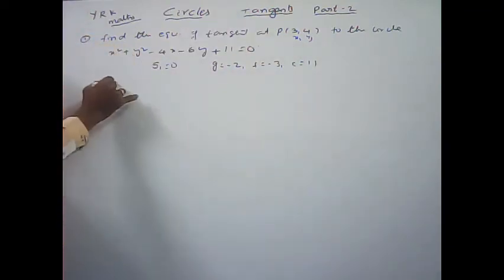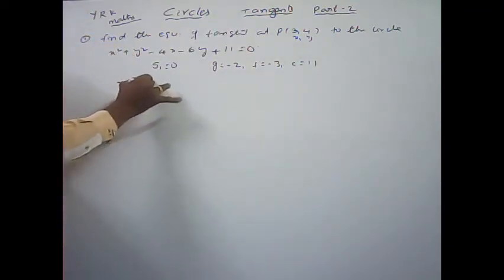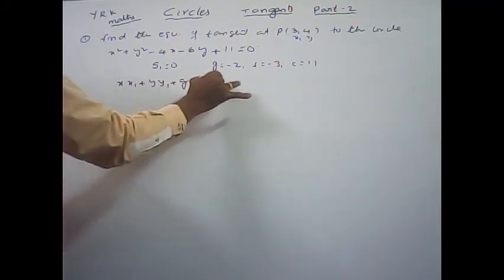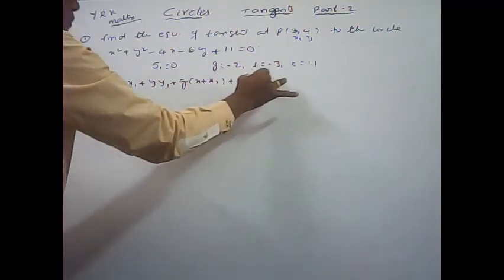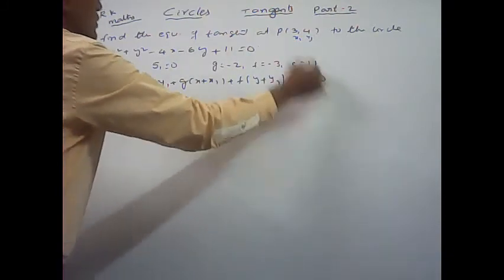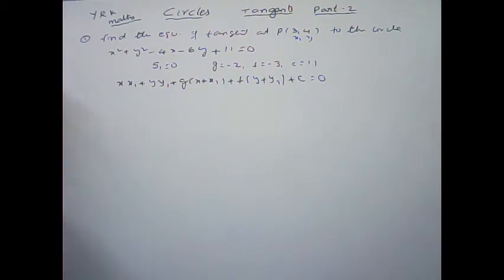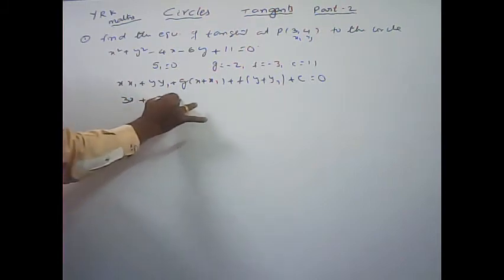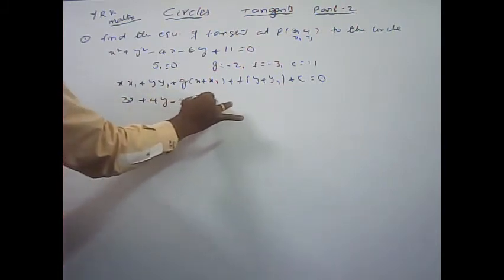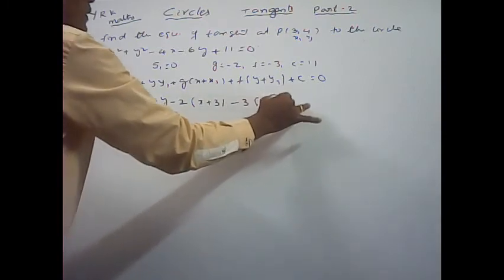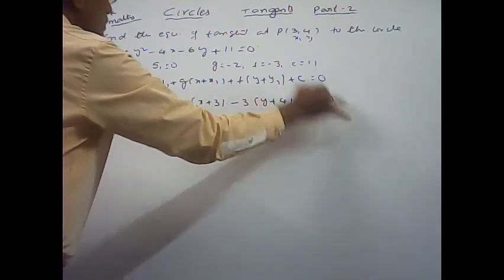What about S1 here? xx1 plus yy1 plus g(x plus x1) plus f(y plus y1) plus c, that is equal to 0. Now we can substitute the values and simplify. 3x plus 4y plus (minus 2)(x plus 3) plus (minus 3)(y plus 4) plus 11 equals 0.